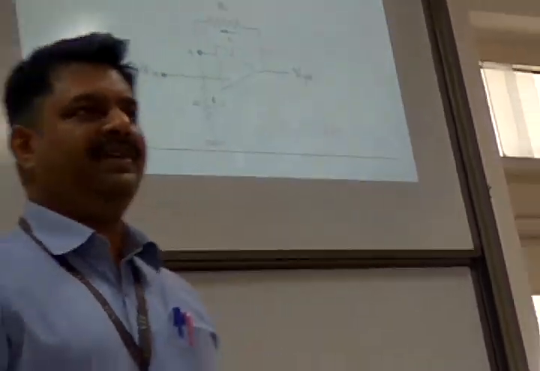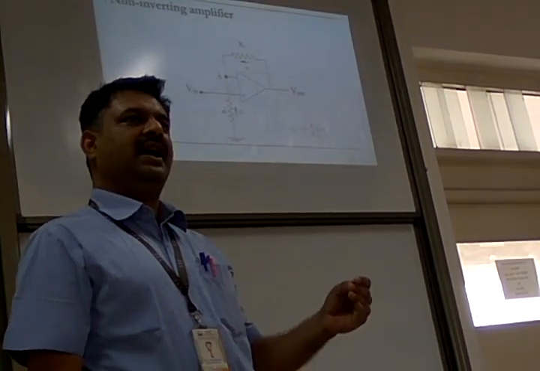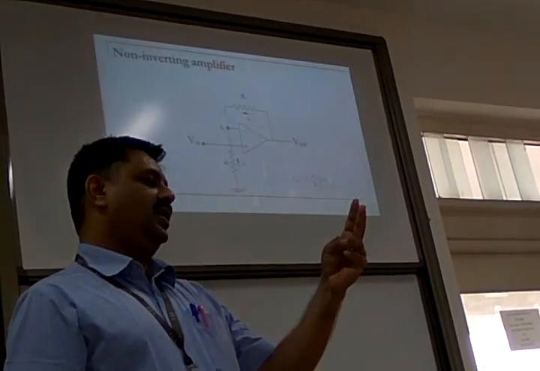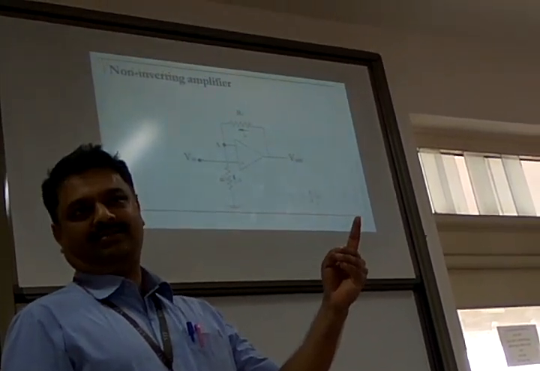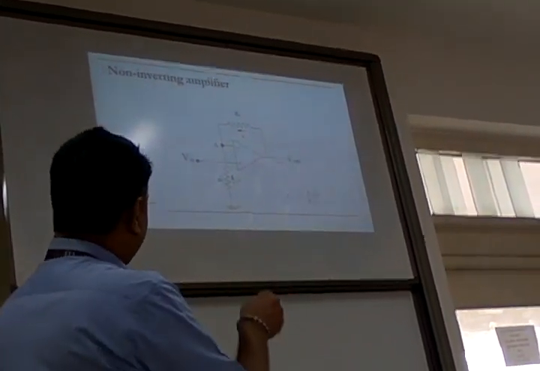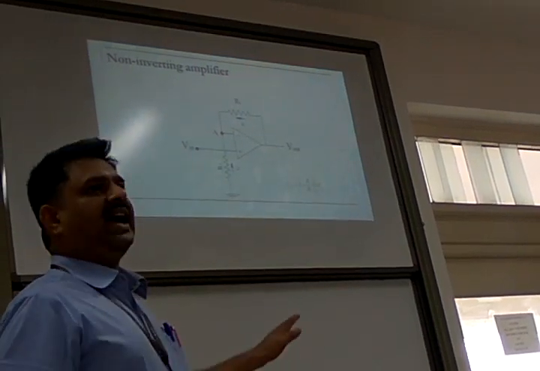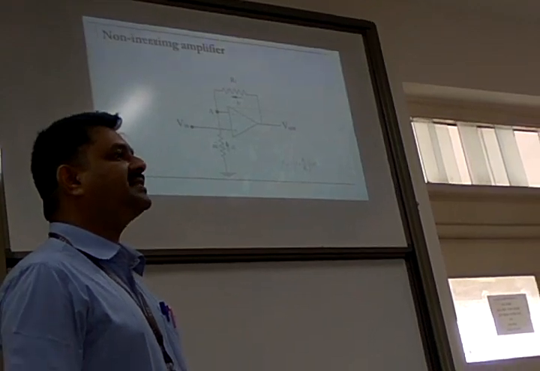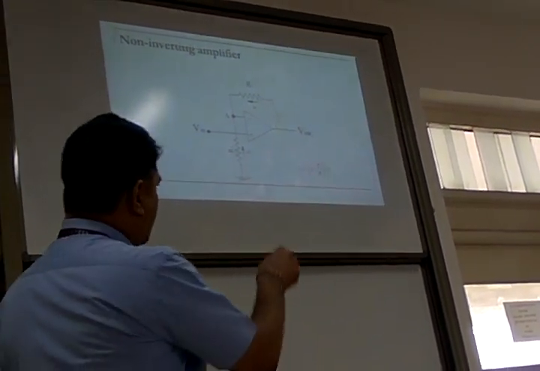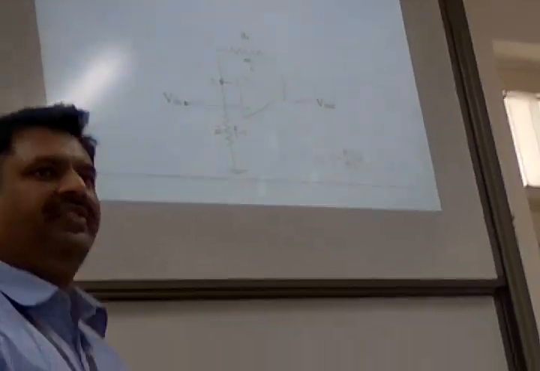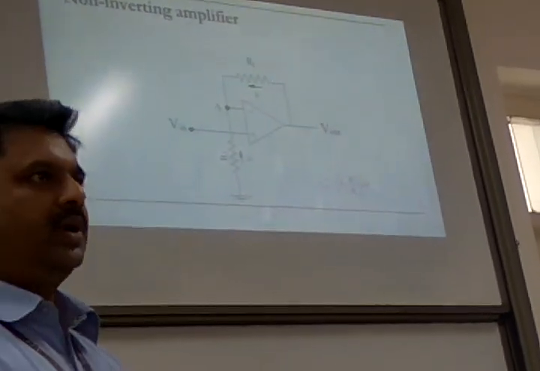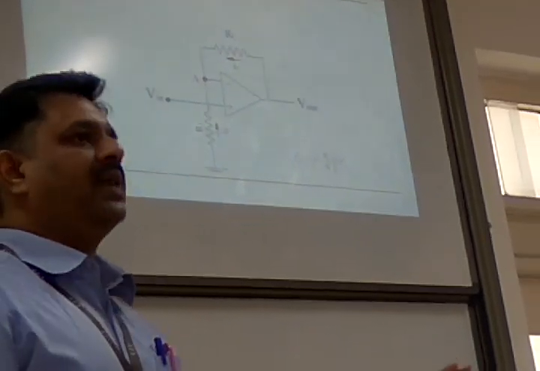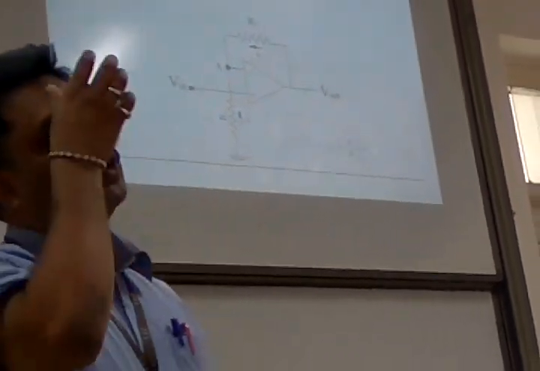So the inverting amplifier can act as an amplifier, voltage follower, and attenuator. Whereas this device can never act as an attenuator. Whatever different combinations of R1 and R2 values you put, even if you put 0, at least whatever input you give, you will get as output.